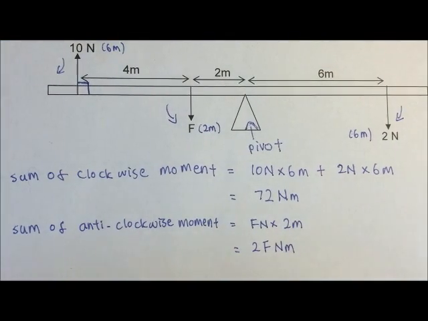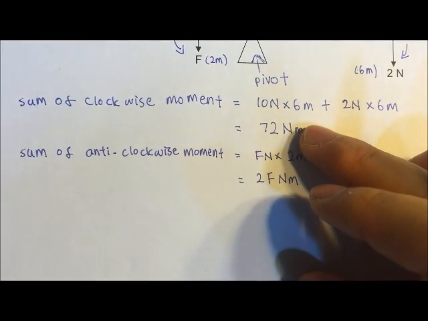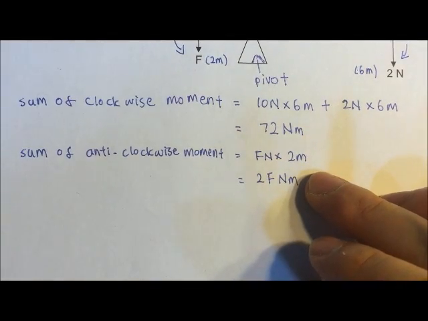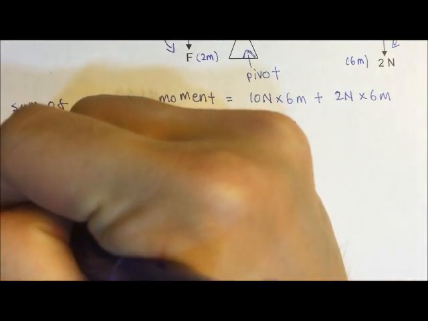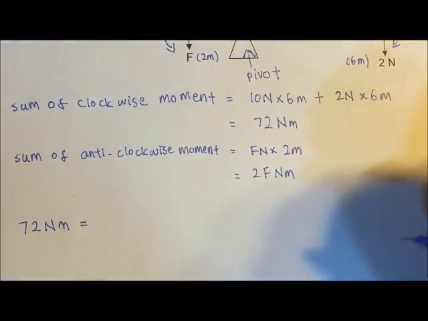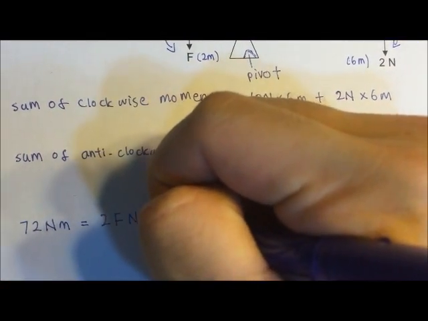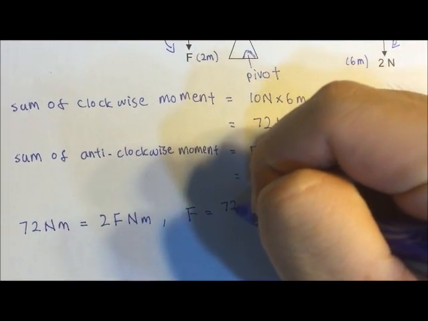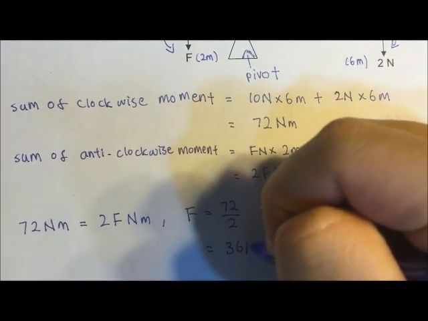So, using the principle of moments, then we know that the sum of clockwise moments must be equal to the sum of the anti-clockwise moments. Therefore, 72 Newton meter must be equals to 2F Newton meter. Therefore, your F will be 72 divided by 2, giving you 36 Newton.